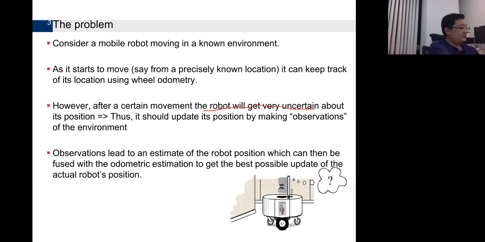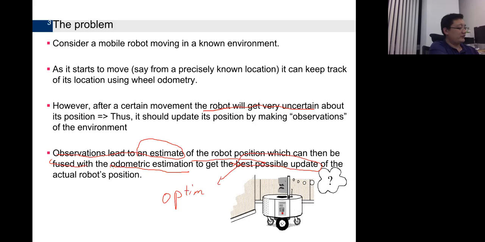And the next step is observations, which will lead to an estimation of the robot position. Then we can fuse the odometric estimation into the best possible update. What is the best possible? Another way to say it is optimal.